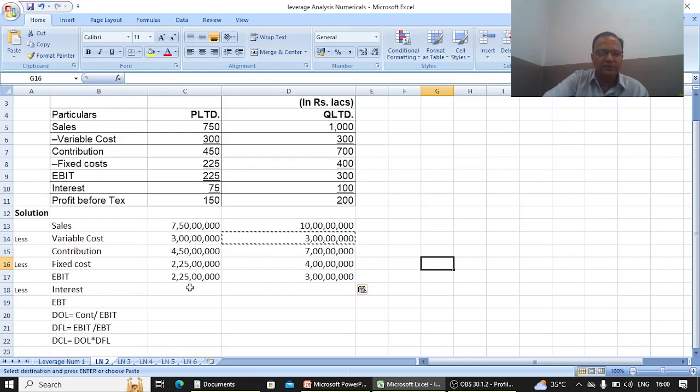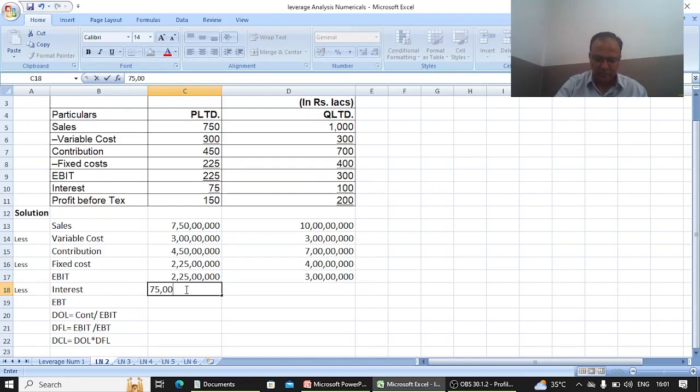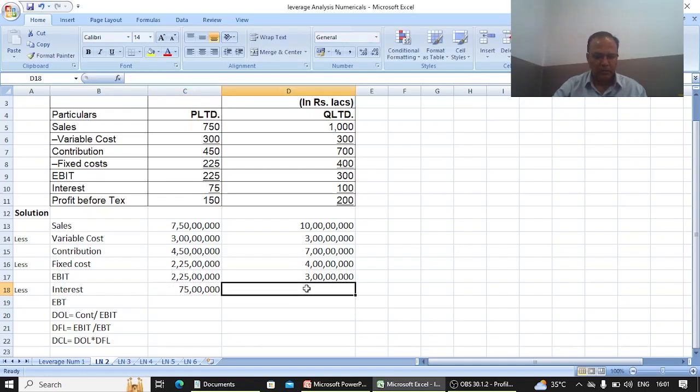Now interest. Interest is given 75 and 100. Now this is 150.